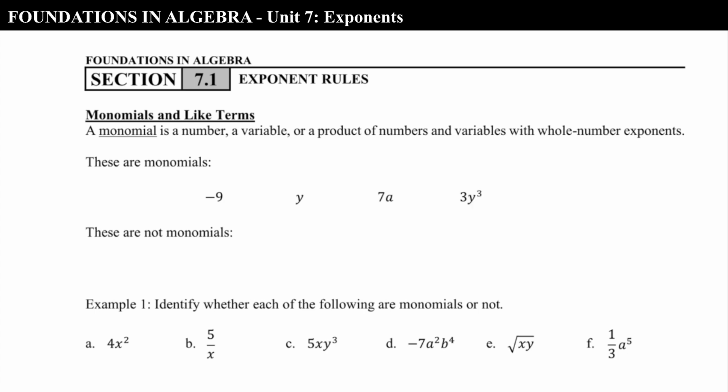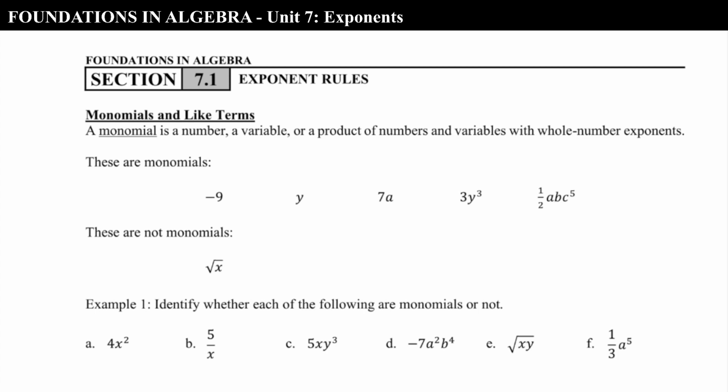It can be a number times a variable with the variable taken to some power, and in this case, it's got to be a positive power. Or it could be a fraction times some sort of collection of variables. Those are all monomials.